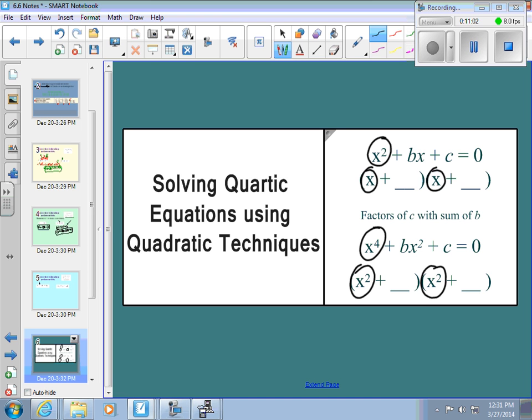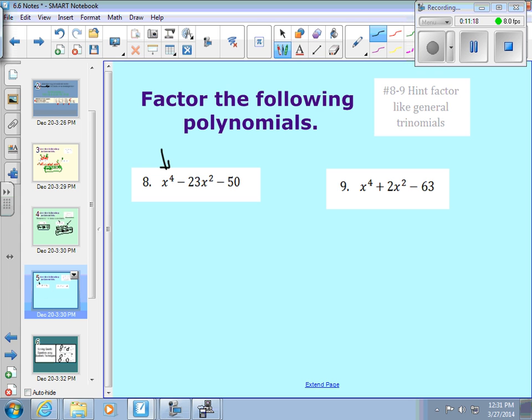The other part still is the same. Your factors will still be what multiplies to c here and adds to b. So the only difference is you got to put squared and squared instead of just x and x. Let's go back and try this problem out then. So we know whatever we have here, instead of just being x and x, it's going to be x squared and x squared.